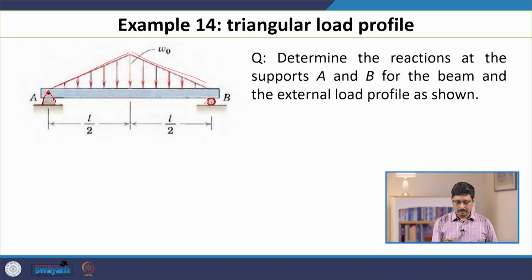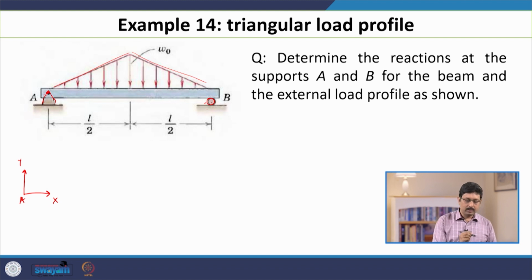Let us first analyze this in detail. First, let us start with a coordinate system. Let us say that we take the point A as the origin of our coordinate system, and this is the x axis and this is the y axis.